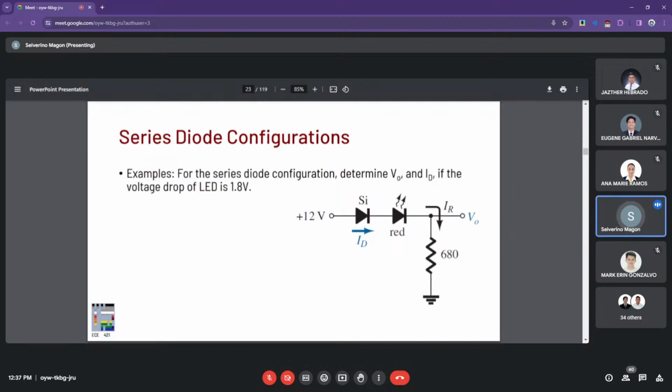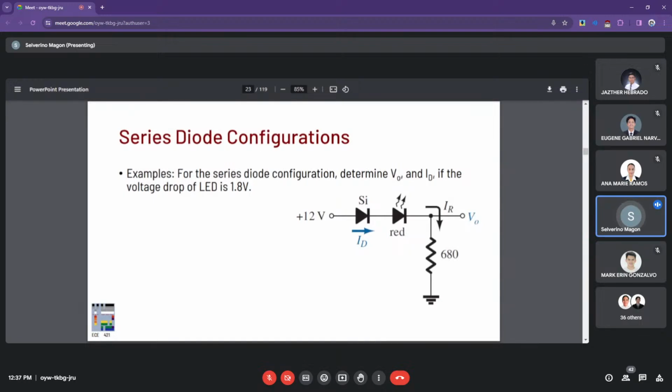Therefore, your diode current is equal to the voltage divided by the resistance. So you have the voltage at 9.5 volts. Again, that is in the case of 12 volts minus 0.7 for the silicon, another minus 1.8 for the red LED as provided.